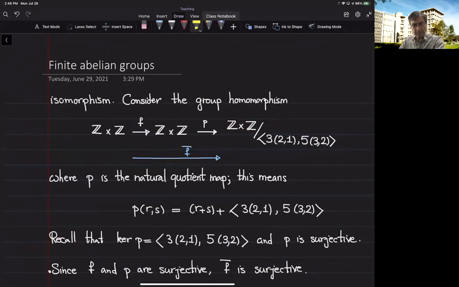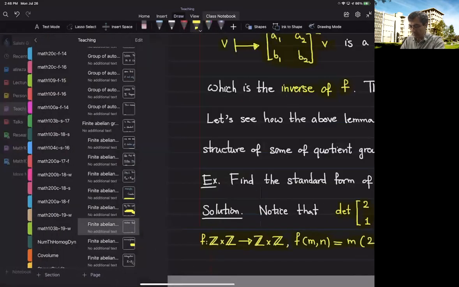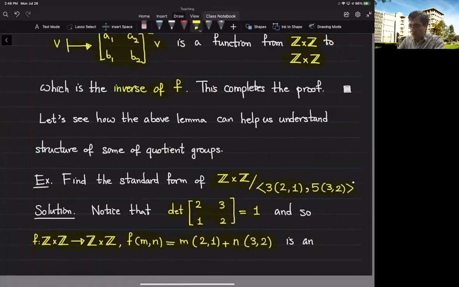Now let's consider the following function. We start with Z cross Z and send it to Z cross Z using f. That way the standard vectors go to these vectors (2,1) and (3,2). Let me go back in this page. Let's see where f sends (1,0). (1,0) is sent to, I have to put 1 here and 0 here, so this disappears and I end up getting only the first term, that's (2,1).